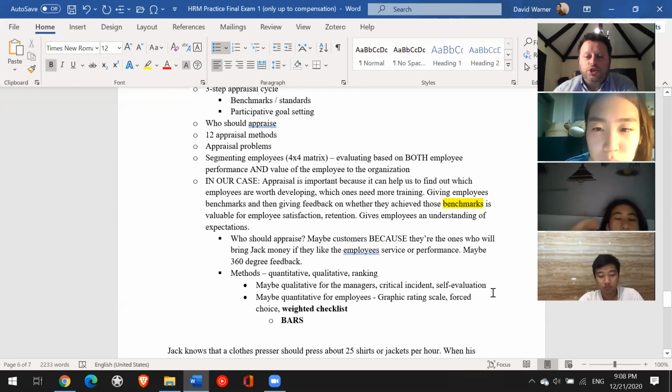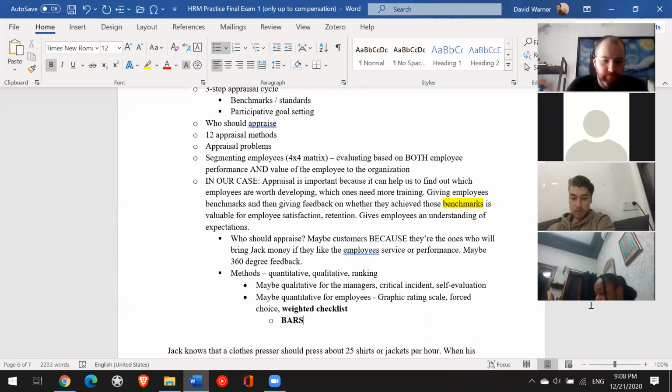Now, would anybody choose a ranking? Can anybody defend why you might use a ranking system like alternation ranking or paired comparison or forced distribution? Only if we have to fire someone or give a bonus.